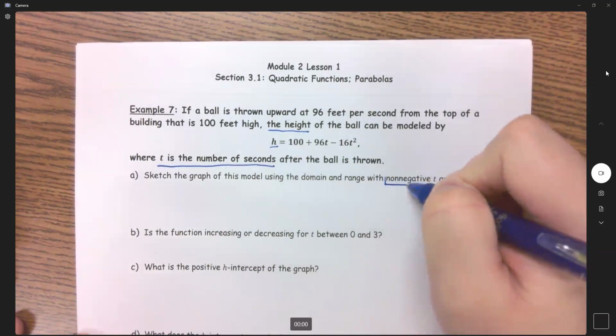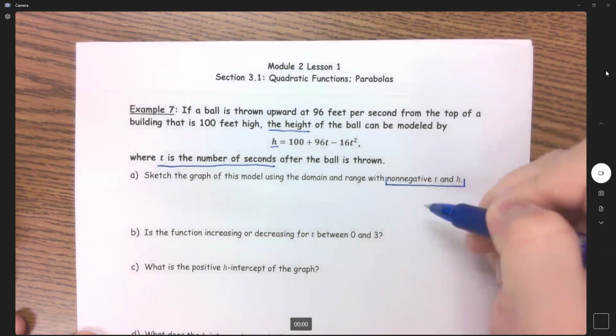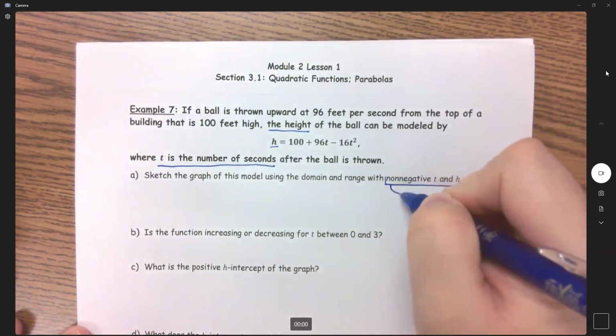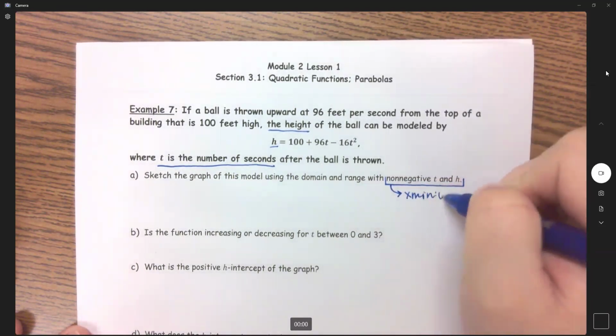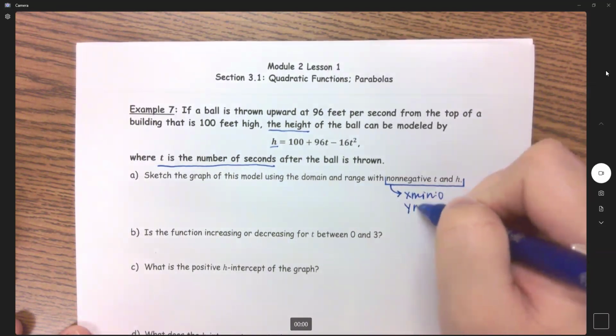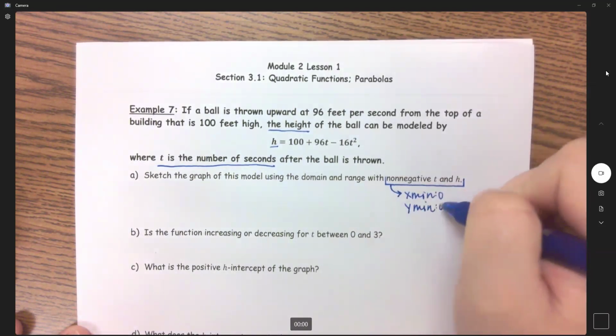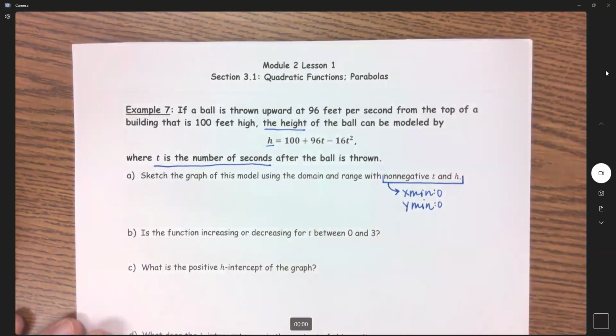So with these non-negative t and h, when we graph, we want our x min to be 0, and we want our y min to also be 0.